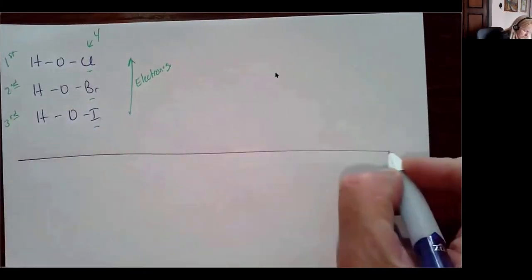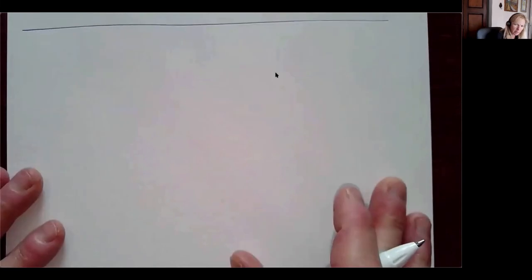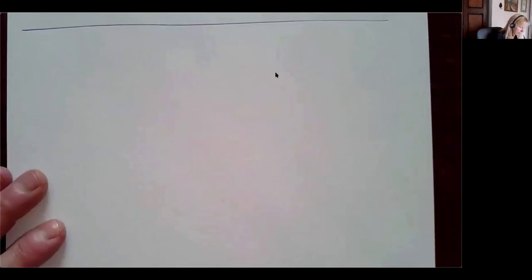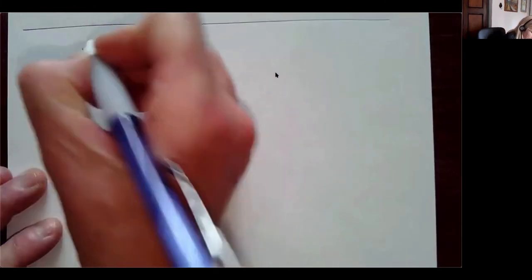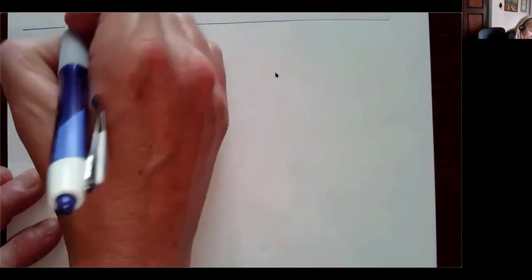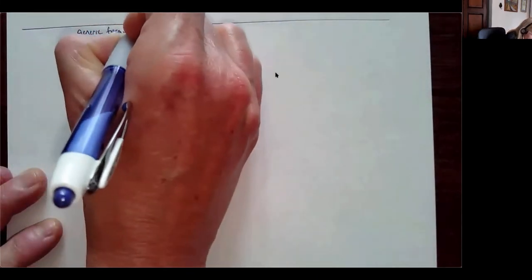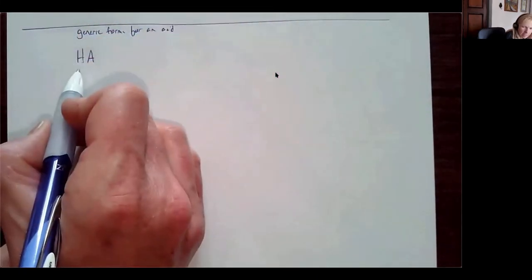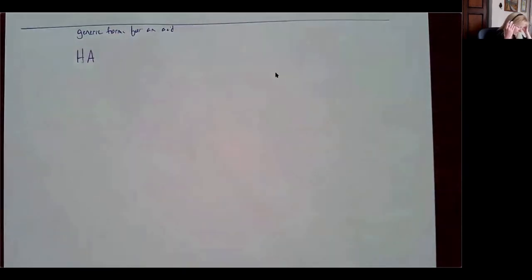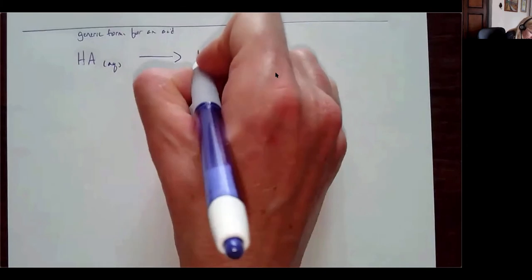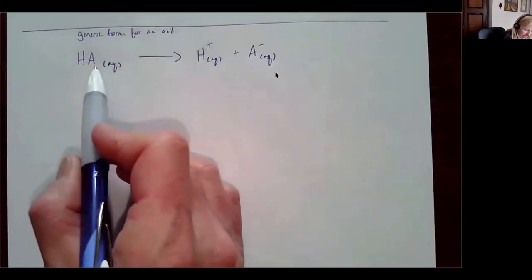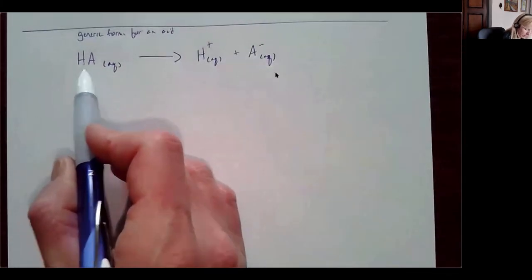All right, so one other thing I wanted to cover, and I'm going to do some generic ways that we could write an acid and a base, and we're going to do this a lot. So if I just have HA, this is my generic formula for an acid. Here's my ionizing hydrogen and the anion that's with it. So HA, if I draw the single arrow here, this is my anion that's dissociated here. This is my hydrogen.